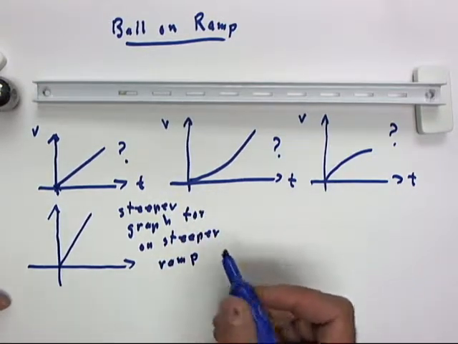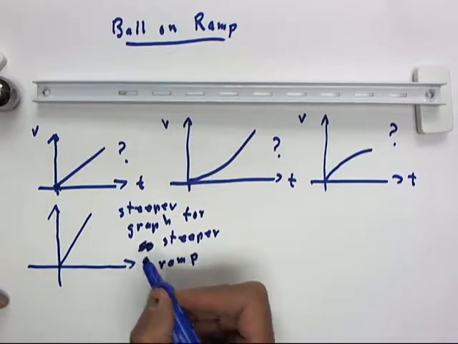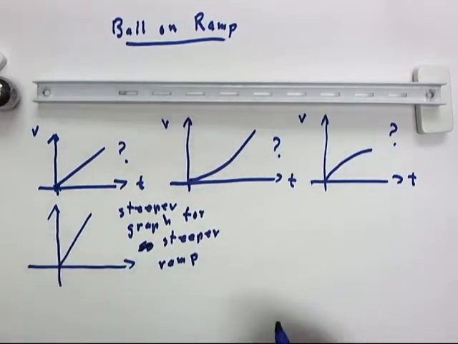And I'm going to say a steeper graph for a steeper ramp, not on a steeper ramp, because the graph isn't on the ramp. In any case, this should be fairly clear.